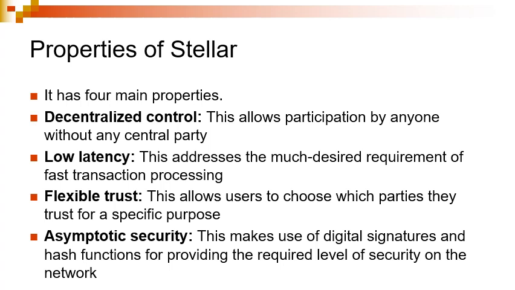Then flexible trust. This allows users to choose which parties they trust for a specific purpose. Then asymptotic security. This makes use of digital signatures and hash functions for providing the required level of security on the network. So these are the properties of Stellar.